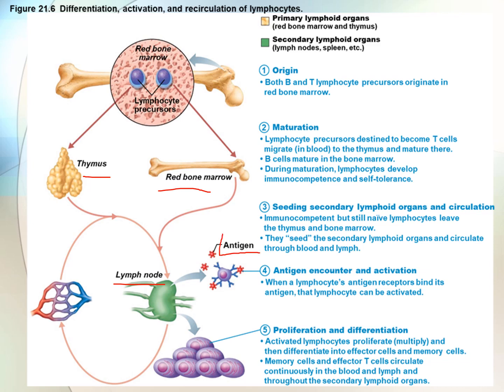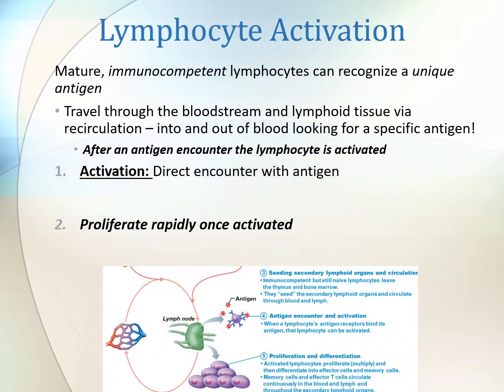They're going to go out into the bloodstream, into the lymphoid tissues, such as a lymph node, and they're going to be looking for that antigen, okay? So they're primed and ready to go, but they're not yet activated. Only when they find their antigen are they activated, okay? And we'll talk about kind of what happens when they get activated.